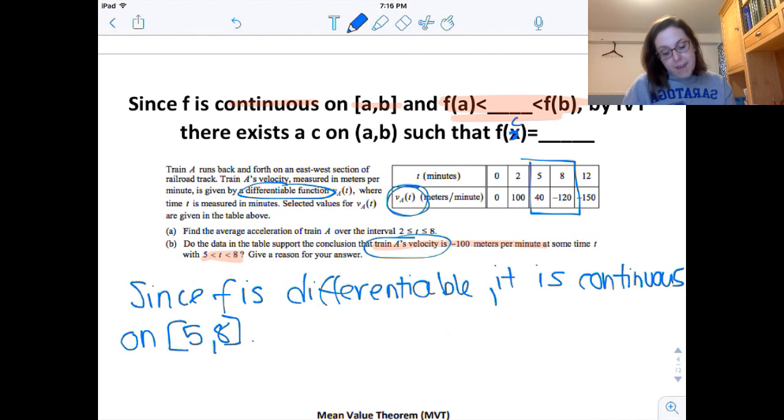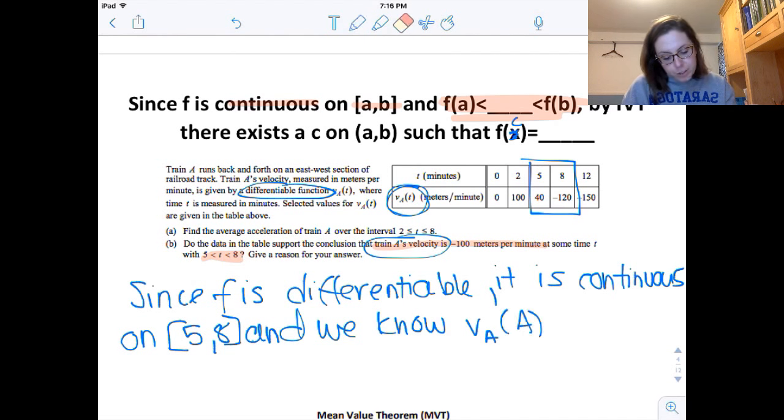Okay? And we know that VA of 8, that should be an 8, not an A, VA of 8 is less than -100, which is less than VA of 5.